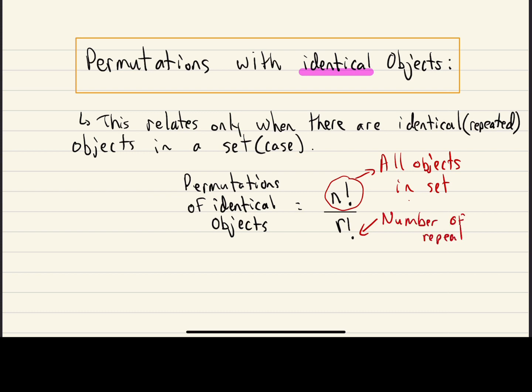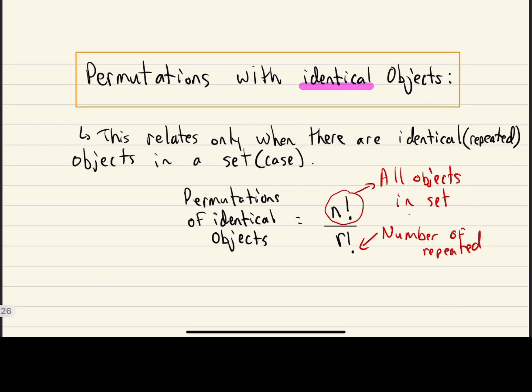And let's say I have more than one object that repeats or that's identical in a set, then I would just simply keep adding it onto this here.